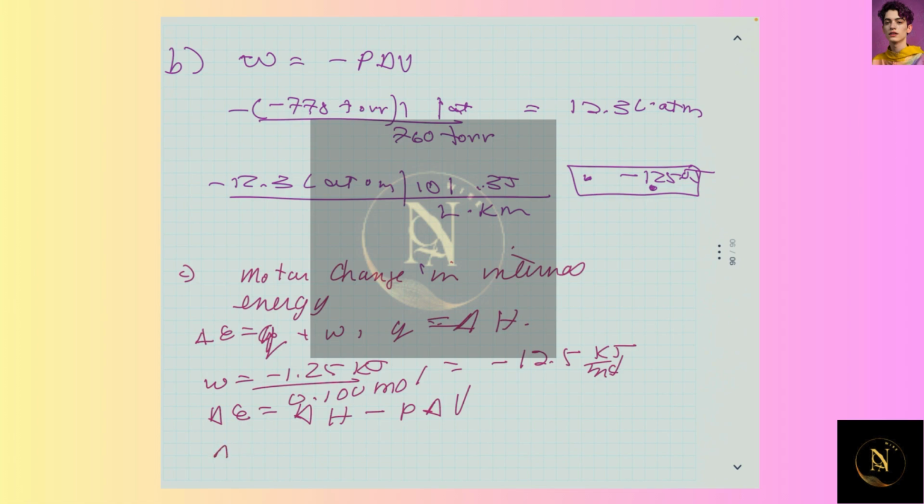So let's do our delta E will be equal to negative 1893 kilojoules per mole, and then I'll have minus negative 12.5 kilojoules per mole.